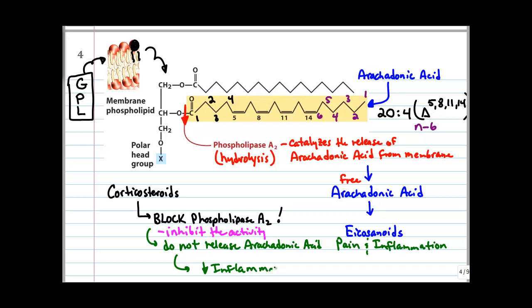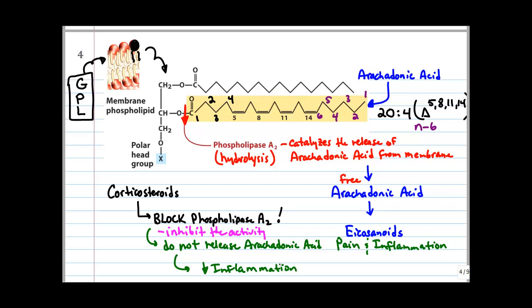So how do corticosteroids work? They block an enzyme called phospholipase A2. They inhibit its activity. If that activity is inhibited, you do not release our friend the fatty acid arachidonic acid, and then arachidonic acid can't make eicosanoids, which are involved in pain and inflammation.